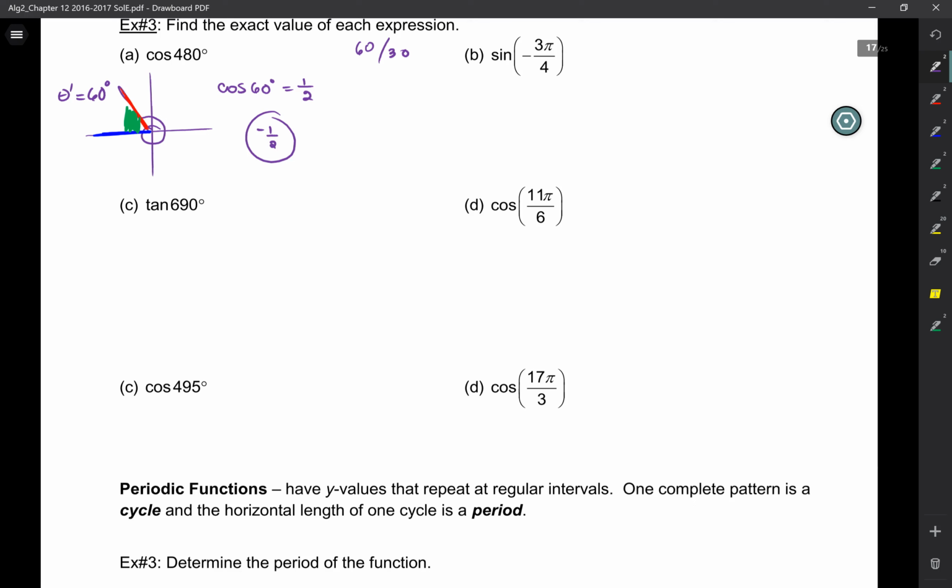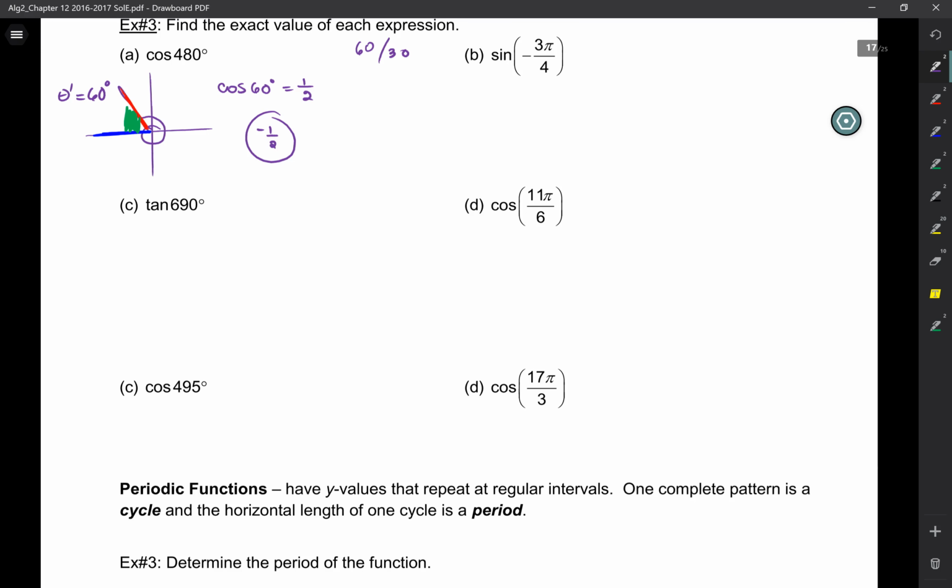I want the cosine, so I don't want the root 3 over 2. The other one is the 1/2. If it were in this quadrant, it would have been positive 1/2 because cosine is positive there. Here it's negative. So what quadrant it faces fixes the positive or negative.